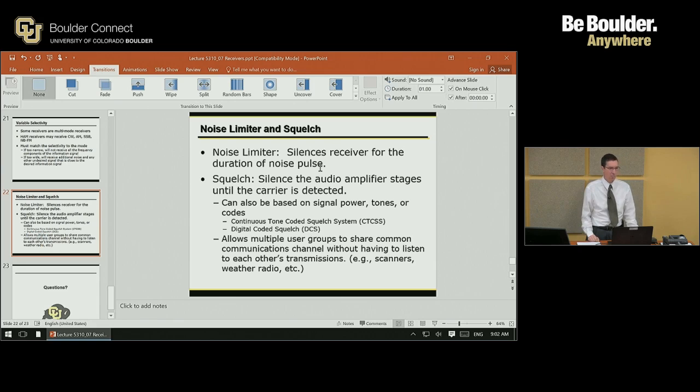Basically, having multiple codes allows several groups of people to communicate without having to listen to each other. So you and I could be using one code and communicate on that code.